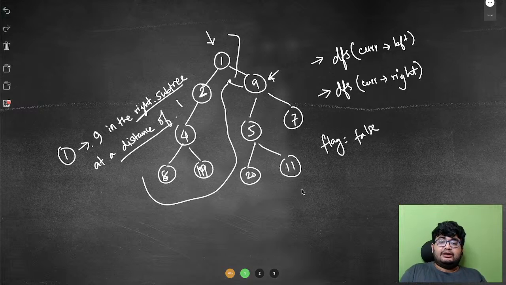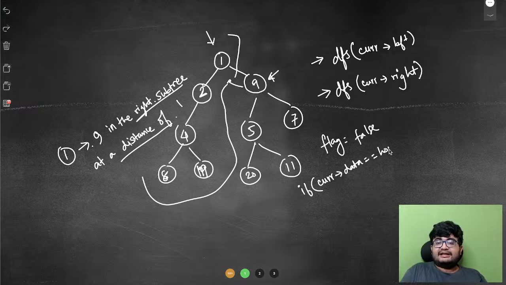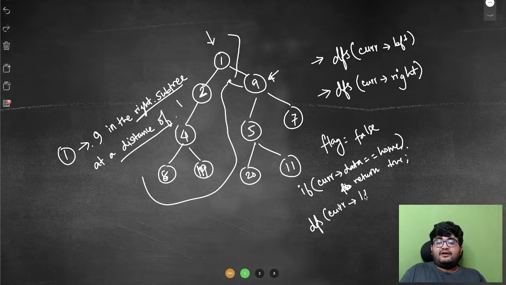We'll not use a flag exactly, but we set the flag to false. If we visit the node, and current of data equals the target, that is the condition, then we return true. Now when we do DFS current of left from 1, we get false because 9 is not in the left subtree.